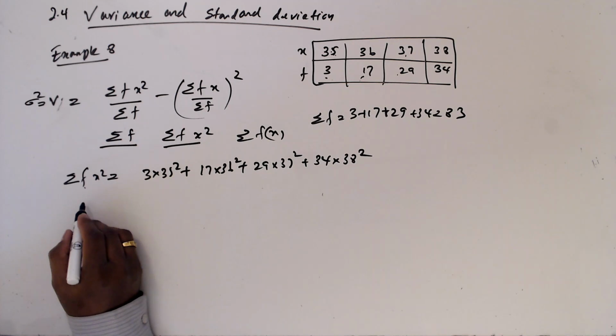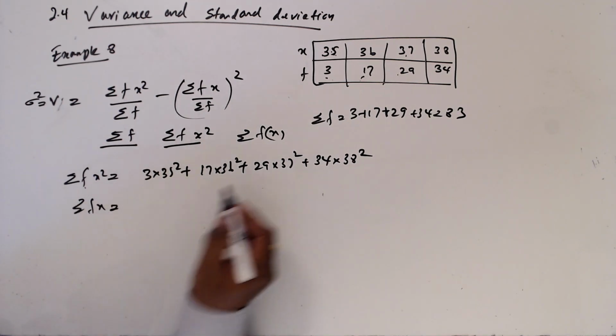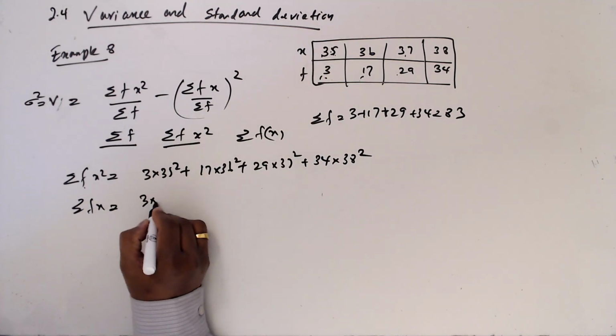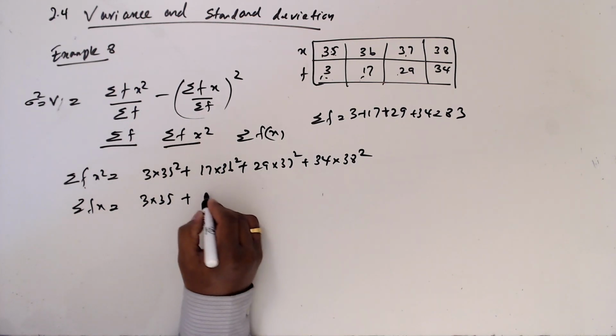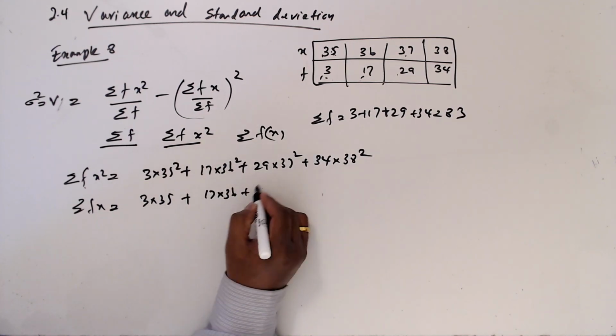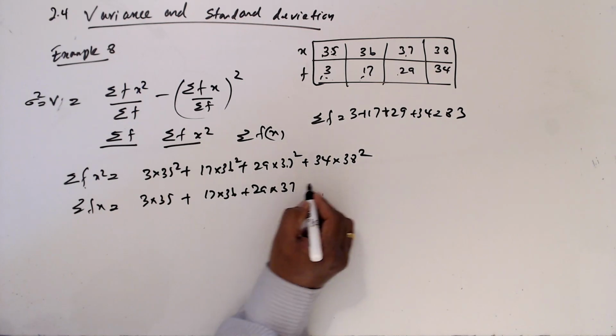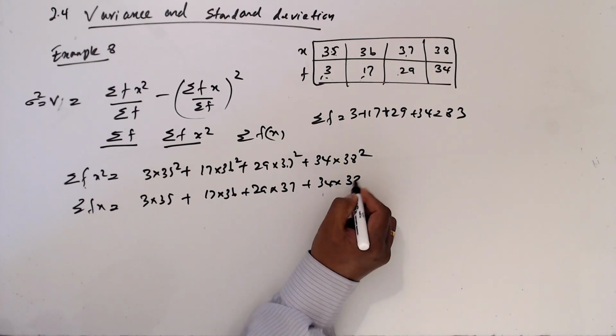Then summation fx: 3 times 35, and 17 times 36, 29 times 37, 34 times 38.